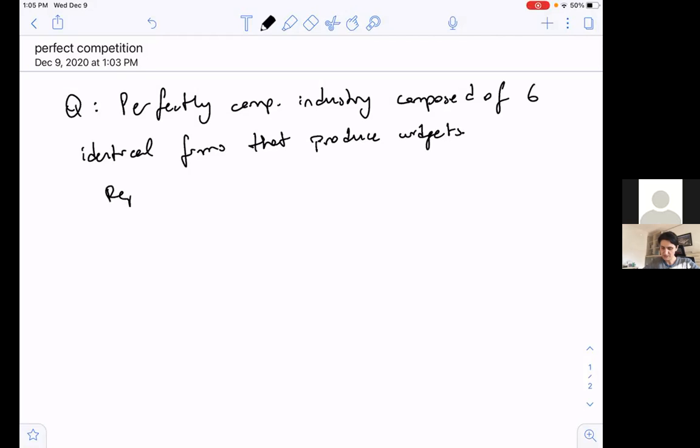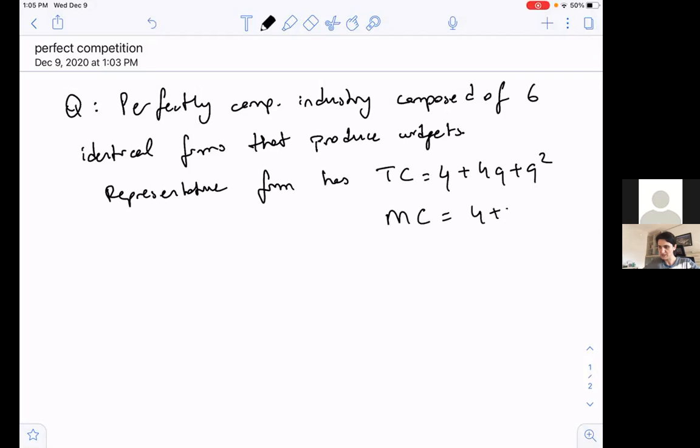Suppose you are told that the representative firm has the following cost curves. Okay, representative firm has total cost of 4 plus 4q plus q square, and it has marginal cost of 4 plus 2q. Suppose you also know market demand curve is given by the following equation, where P is the price in the market in dollars.